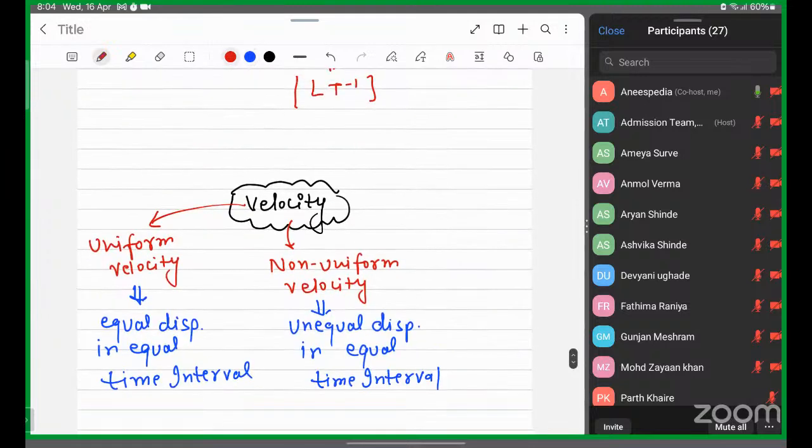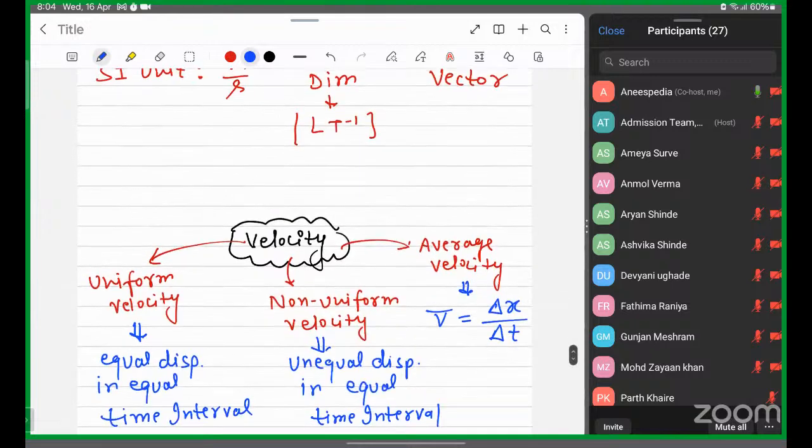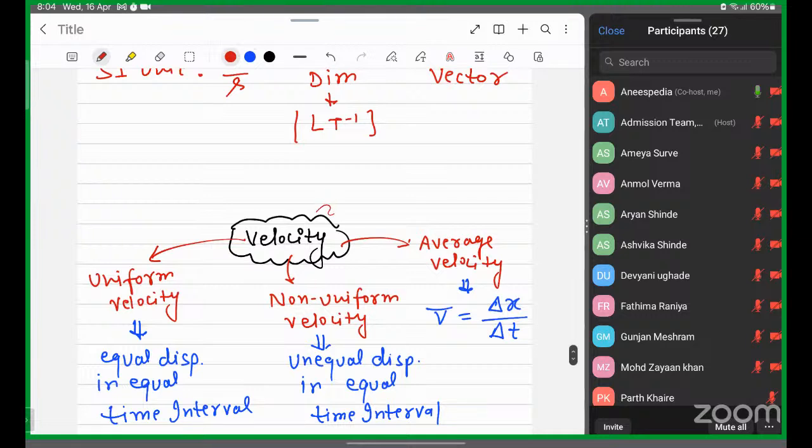Then we have average velocity. Average velocity is given by V bar, which is change in position upon time interval, or overall displacement upon overall time taken to cover this displacement.